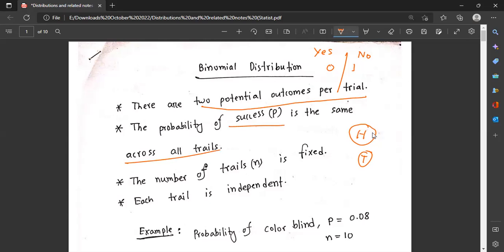If you flip a coin, the probability of getting head is 50%, and the probability of getting tail is also 50%, right? So what is probability? Probability is the number of favorable outcomes divided by the number of total outcomes. Favorable by total.